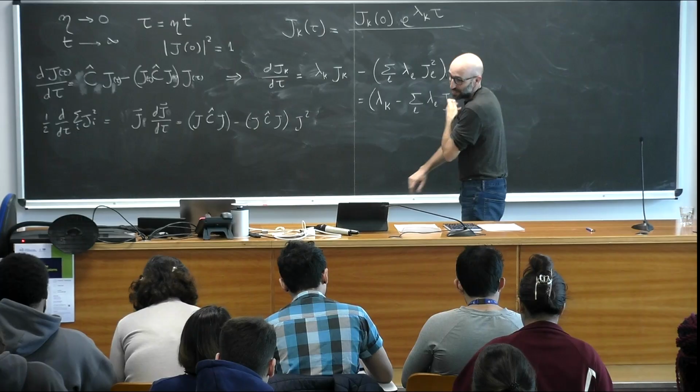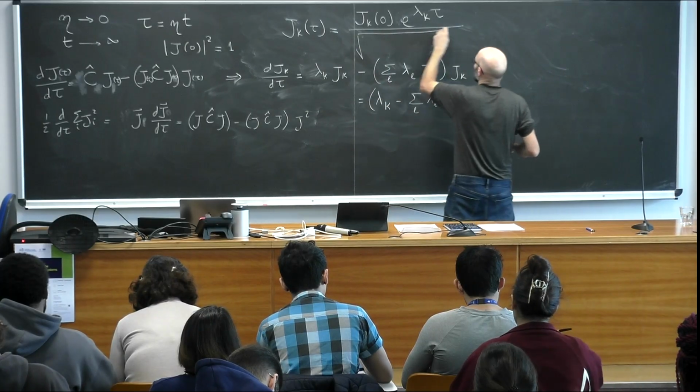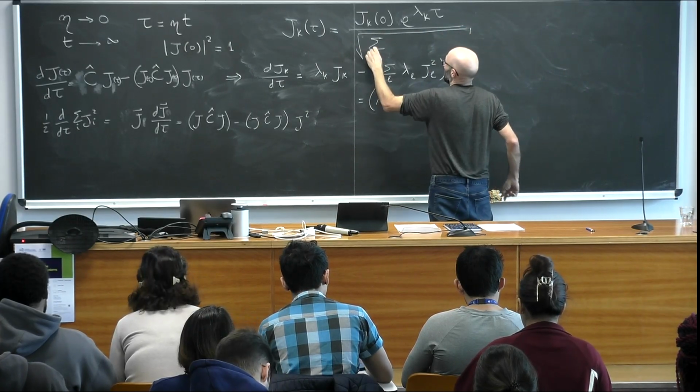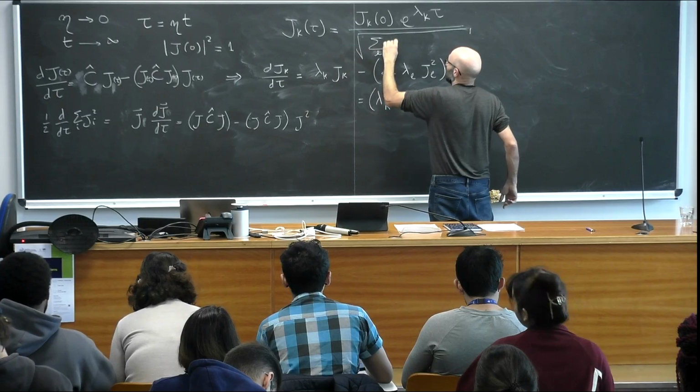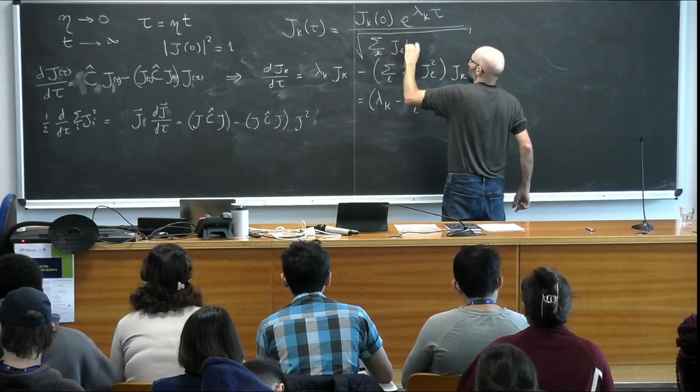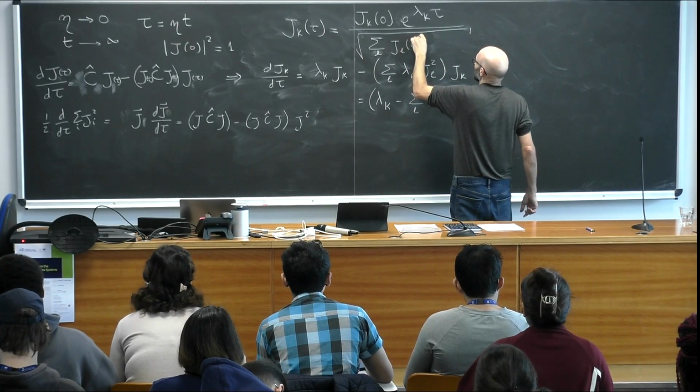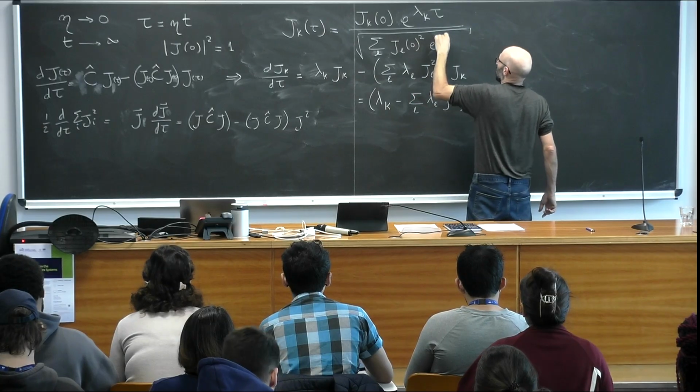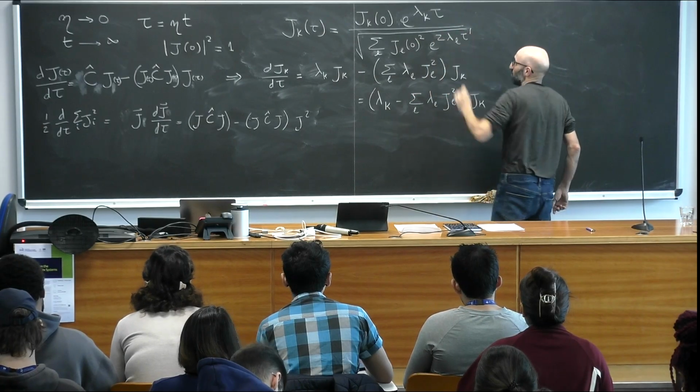So divided by the square root of the sum over l of jl of 0 square times e to the 2 lambda l tau. Okay?